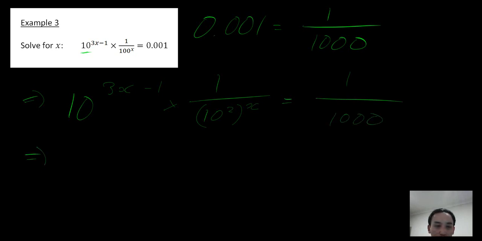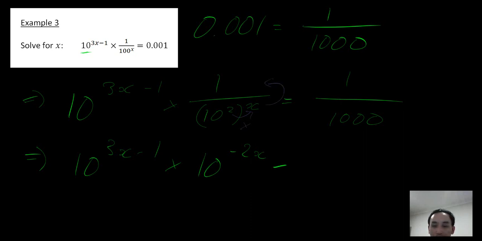Okay. Let's just work with this a little bit more before we do any rearrangements. So over here, this 10 squared to the power of x is really 10 to the power of negative 2x. So what we did here was the 2 and x would multiply with each other, and then you can flip it to the top as a negative index.